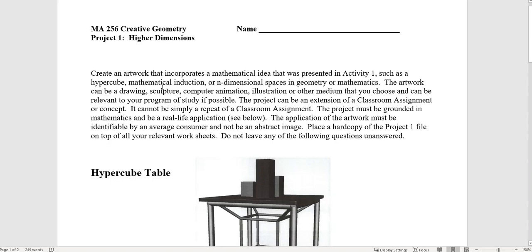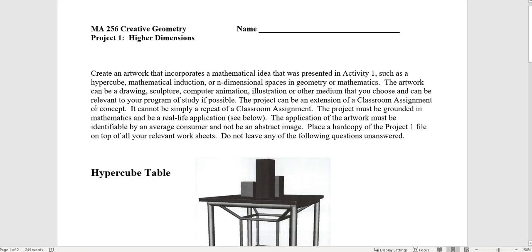So you'll take the project file, which is on Canvas there, as I just opened up, and the idea is that the project can be an extension of a classroom assignment or concept. It cannot be a repeat of the classroom assignment.